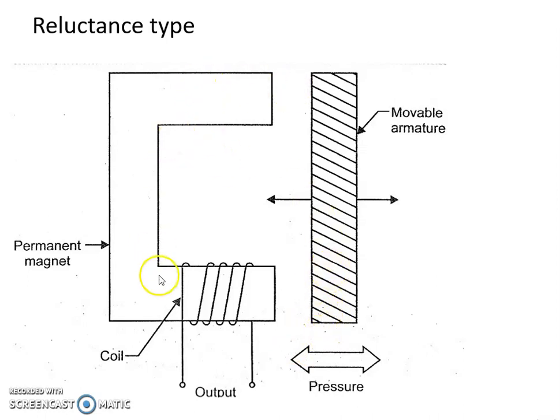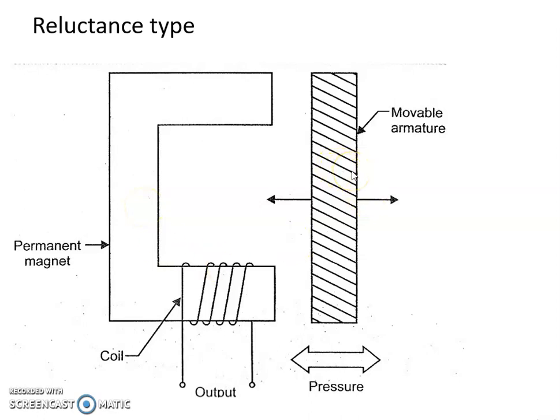On one limb of the permanent magnet, a coil is wound. Here the electrical energy is provided by the field of a permanent magnet rather than an AC source. We are not connecting any AC source here.